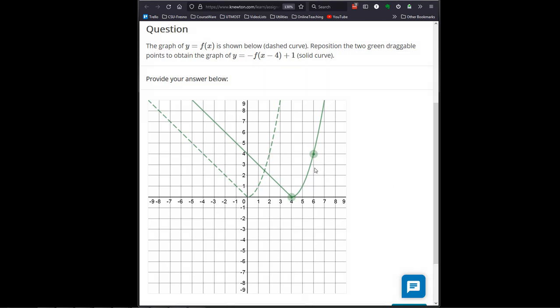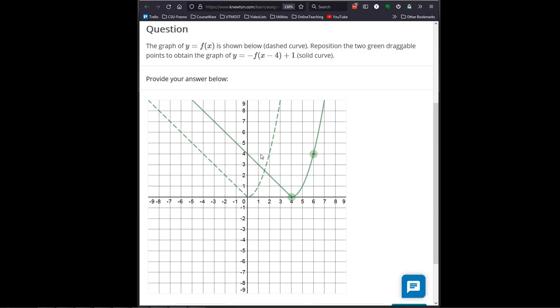So the moral is that it's going to flip the sign of all the outputs, and the outputs we know are y coordinates. So basically all of our y coordinates are going to flip sign.